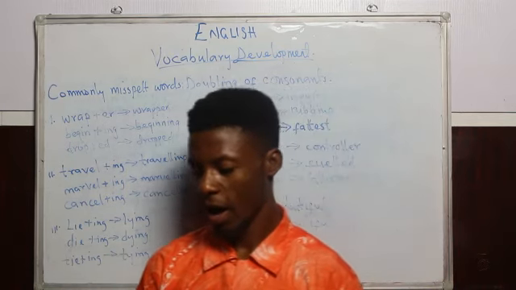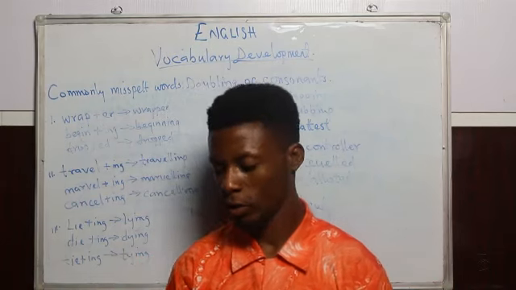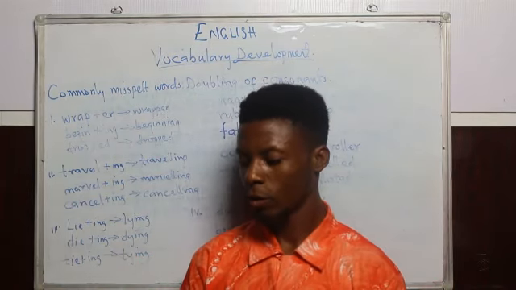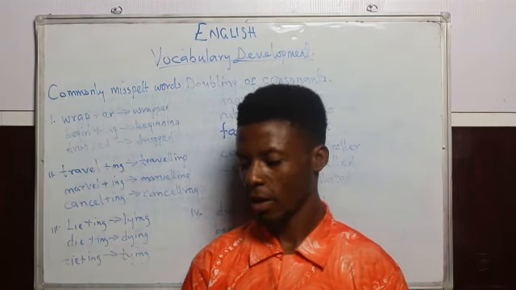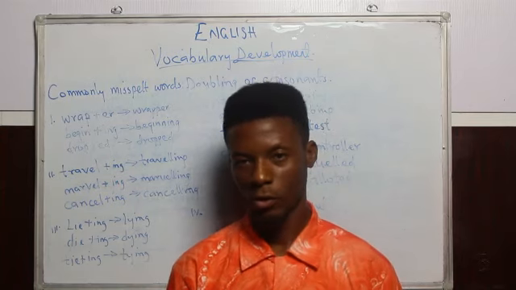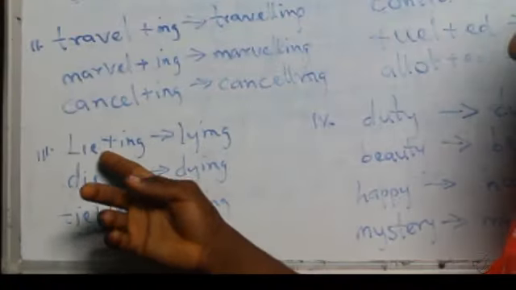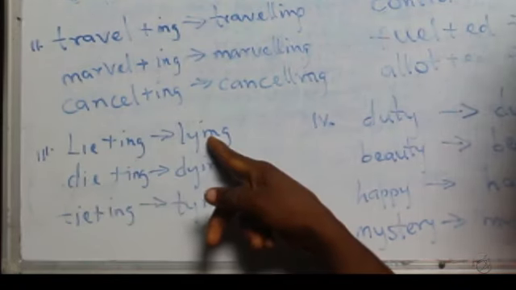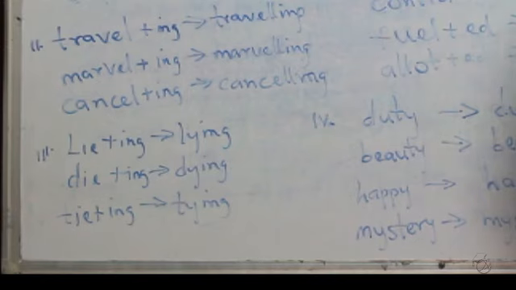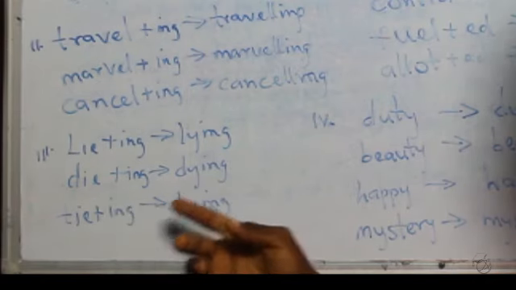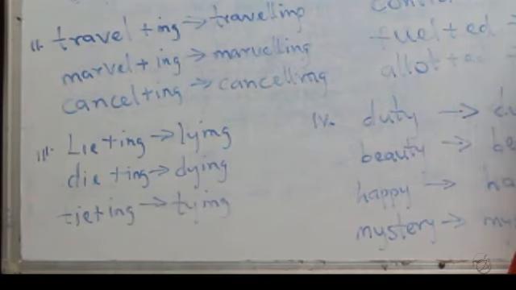It says to add ing to words ending in IE, drop the E and change the I to a Y. Just as we have it here, we dropped the E and turned the I into a Y, which gives us lying. Same thing applies to dying, tying, etc.